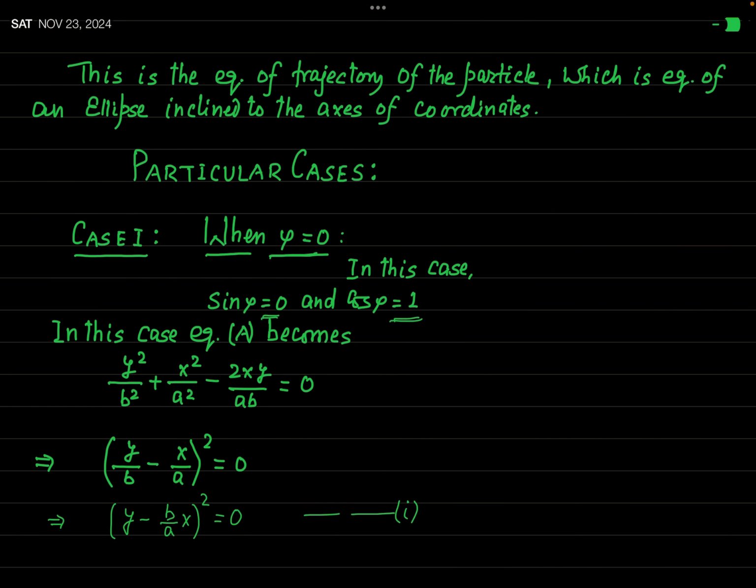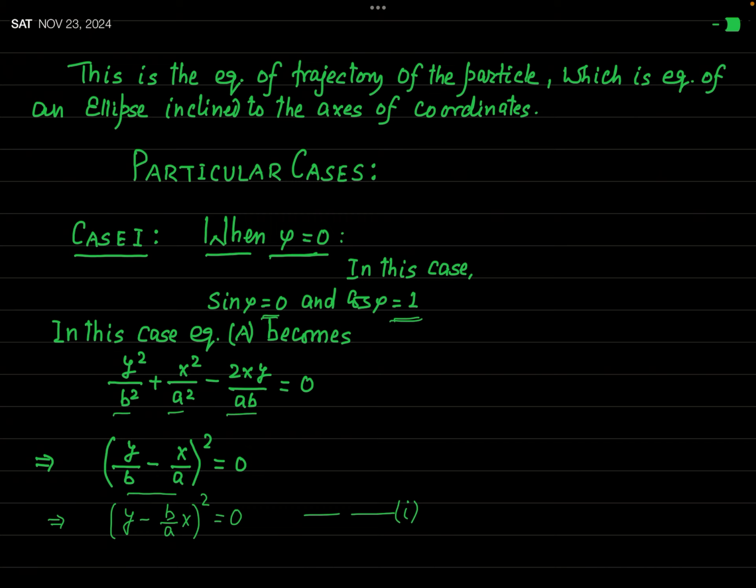So our equation A now becomes y square over b square plus x square over a square minus 2xy over ab equal to 0. And this can be written as (y over b minus x over a) whole square equal to 0.